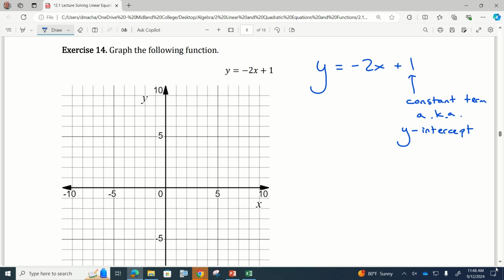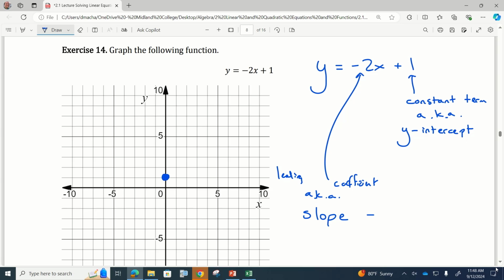And that means on my y-axis, this line is going to pass through the y-axis at the point where y is +1. And this -2 is my leading coefficient, also known as my slope.